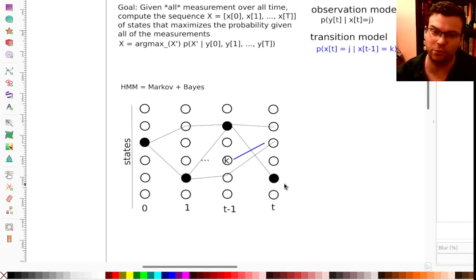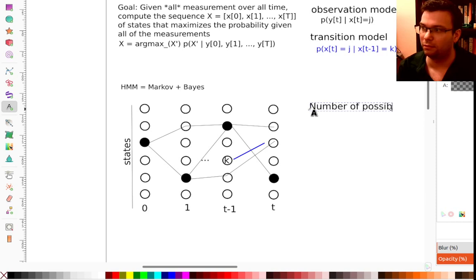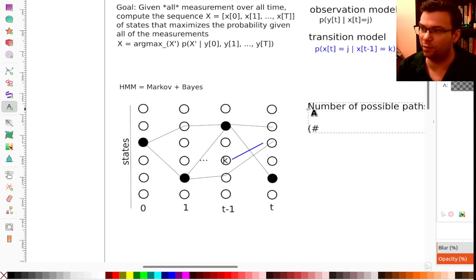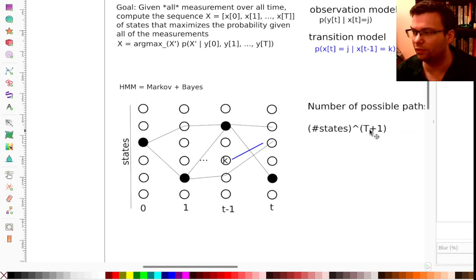If I was going to come up with a naive algorithm, I would just try all possible paths, and then see which one gave me the maximum probability. But the problem is, the number of paths is the number of states raised to the number of time steps, which, if I'm 0 indexing up to t, is t plus 1.